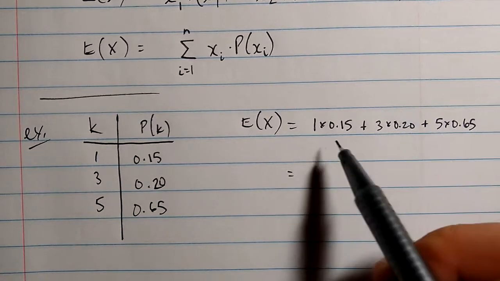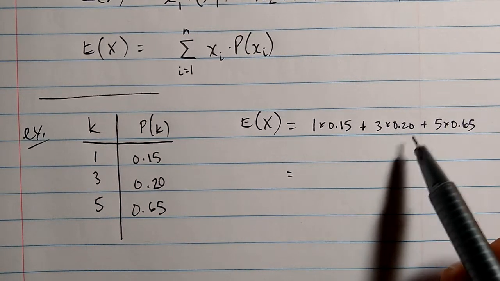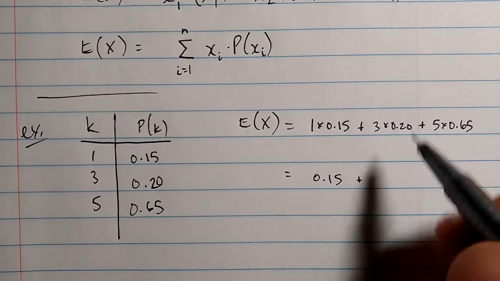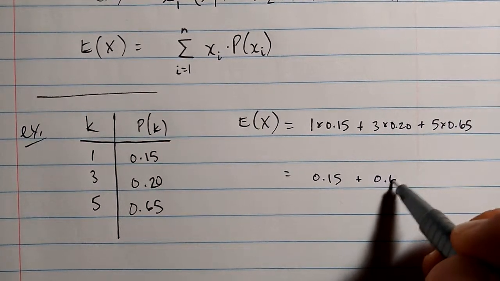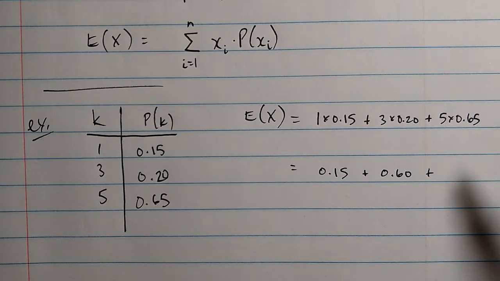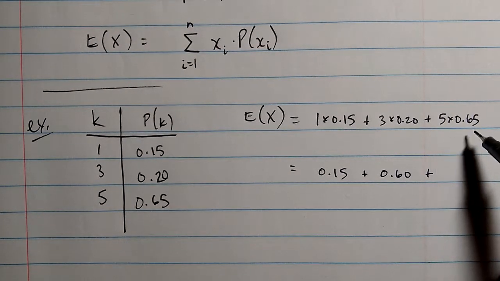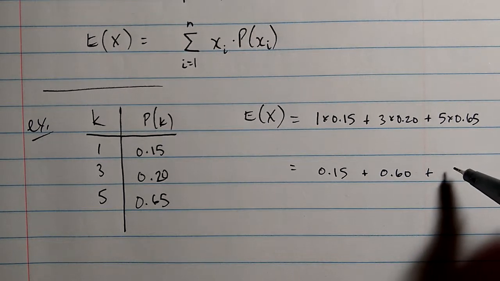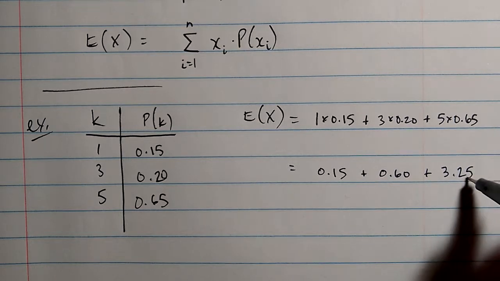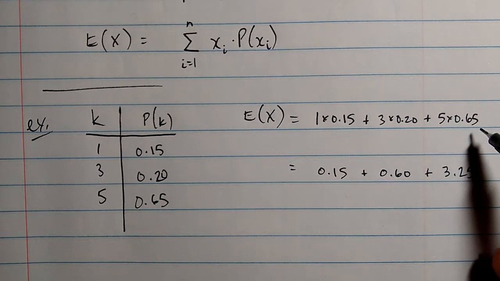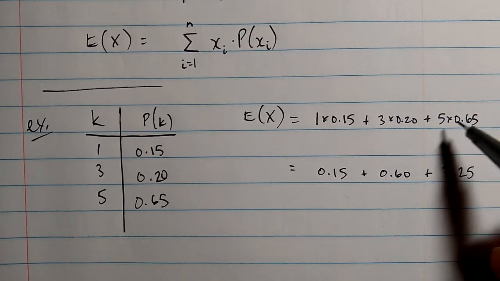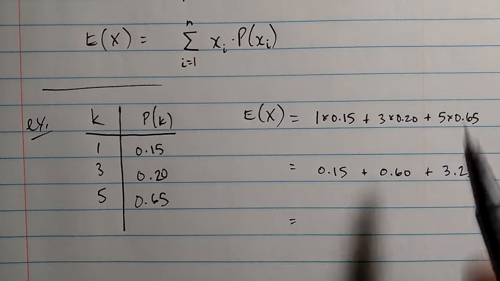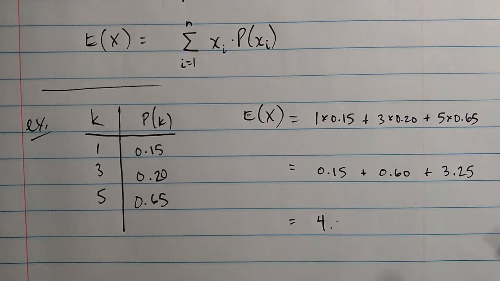That will be 0.15. 3 times 20 is 60, so 0.60. And last we have 5 times 65, so that would be 3.25, I think. Let's see, 5 times 20, yeah, 3.25. And adding those up, looks like I get exactly 4, 4.00 or 4.